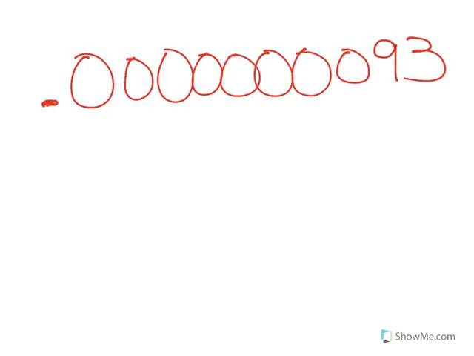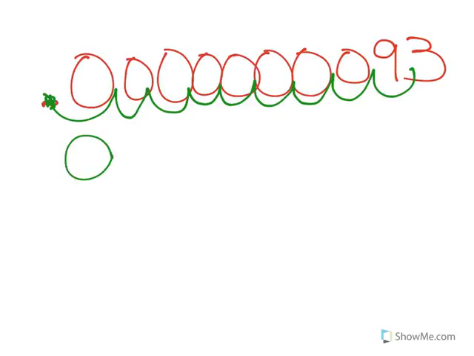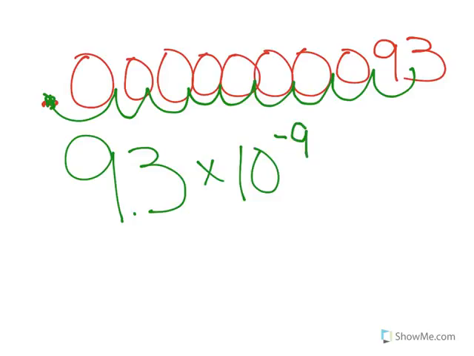Well, we would take the decimal point here at the end, and we would move it so that we would have a number between 1 and 10. So 1, 2, 3, 4, 5, 6, 7, 8, 9. So we would have 9.3 times 10 to the negative 9th power, because it was a decimal. And we want to make this number into a decimal, so it's going to be a negative exponent.